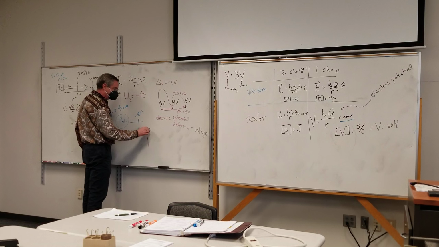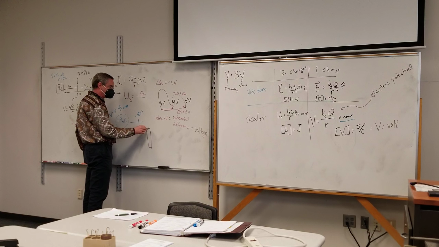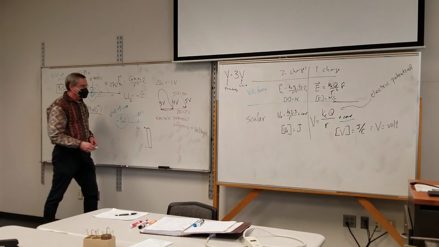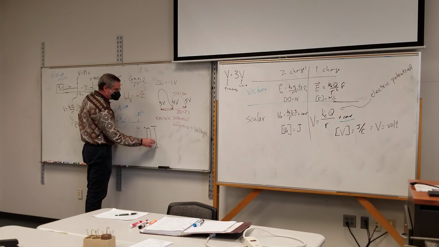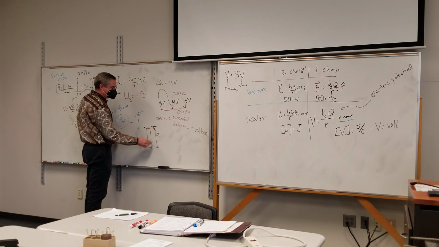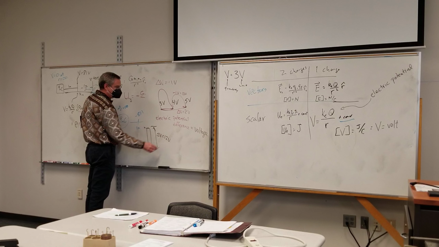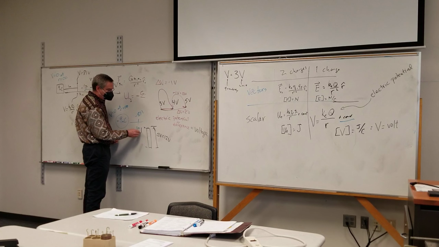So imagine the classic AA or AAA battery. That's the positive side, that's the negative side. If I'm going from negative to positive, the potential difference is 12 volts. If I'm going the other direction, it's negative 12 volts.